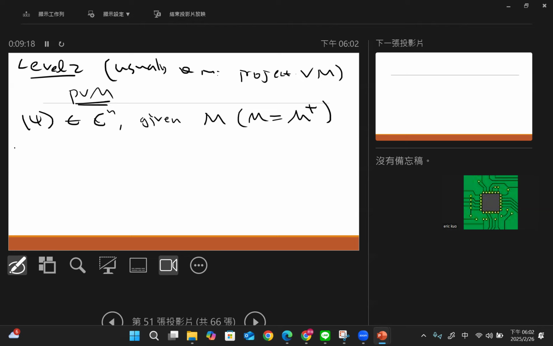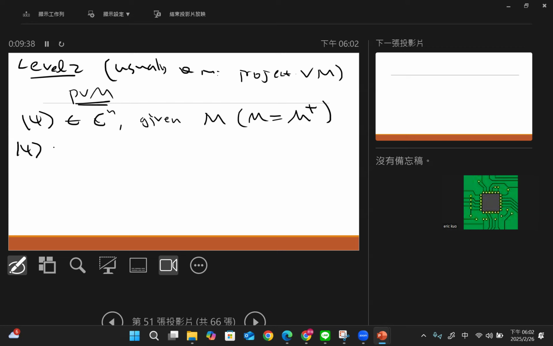So in quantum mechanics, the professor tells you that you just diagonalize it. If I use M to measure these states, the state will collapse to one of the eigenvectors of M and get the outcome with that eigenvalue, right? So let me just write down.